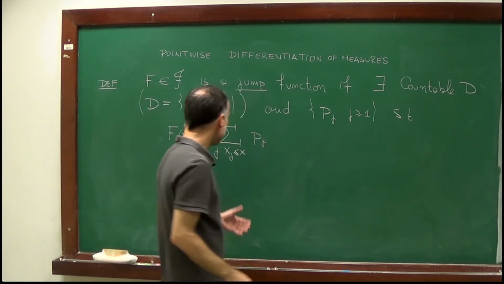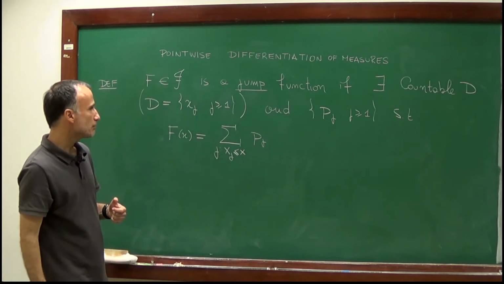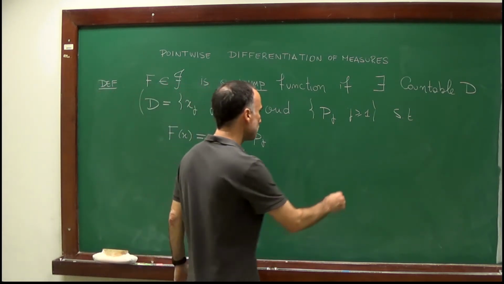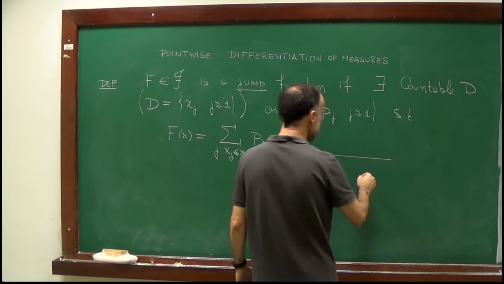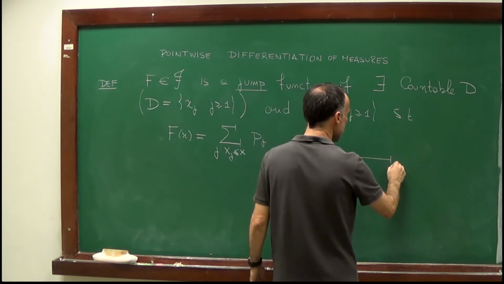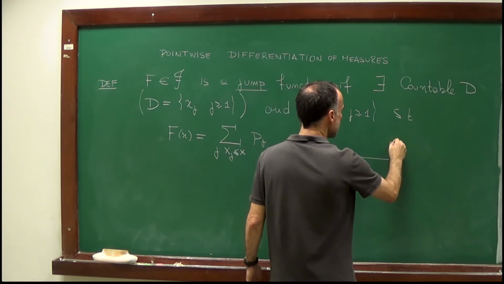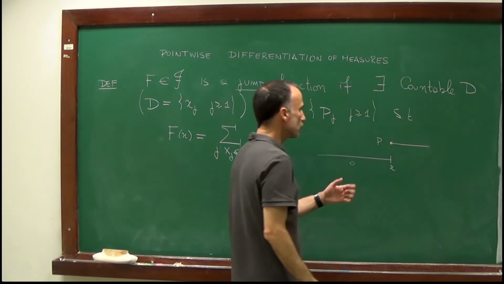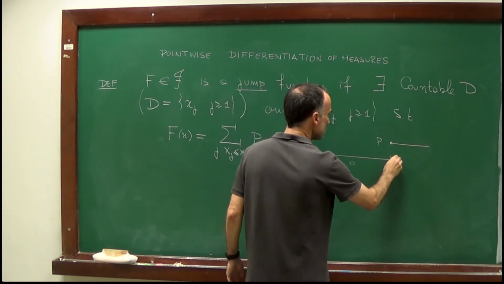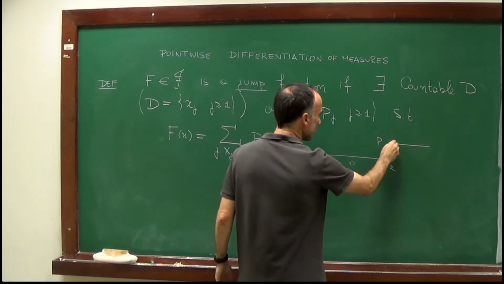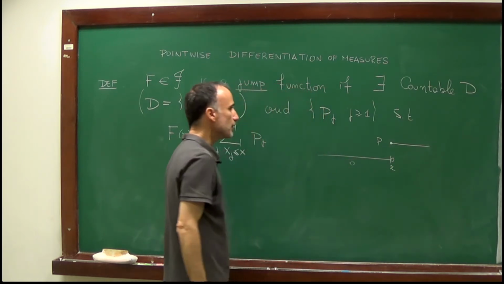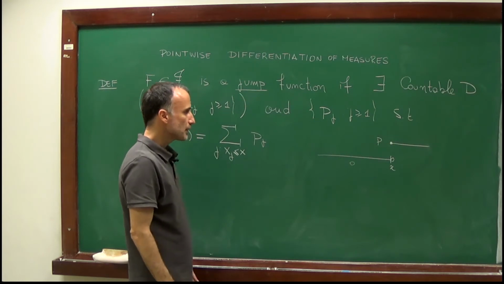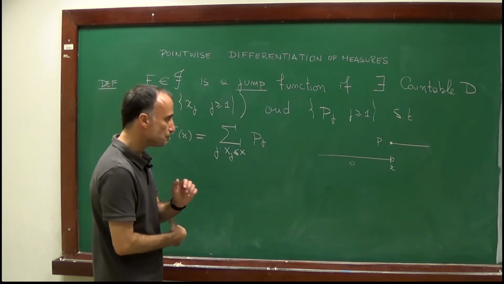So let me give you an example of a function f which is a pure jump. Let's take a function f which is equal to 0 up to some point x, and then at x it jumps and takes some value p from x to the right. So at x it's equal to p, and on the left of x it's equal to 0.